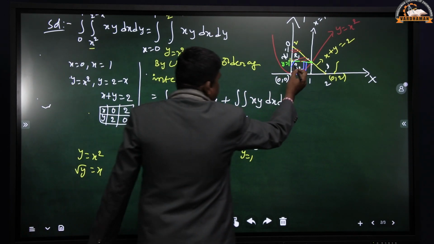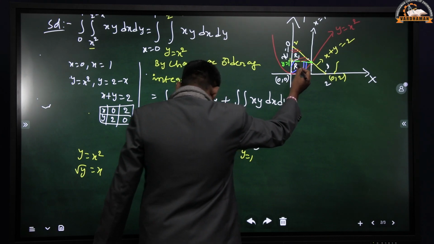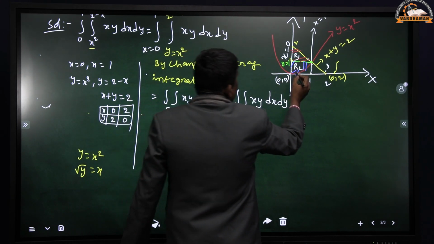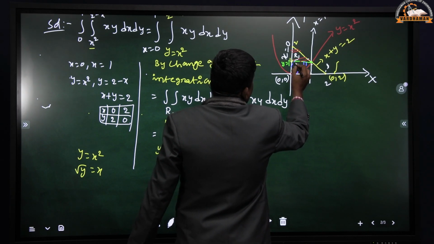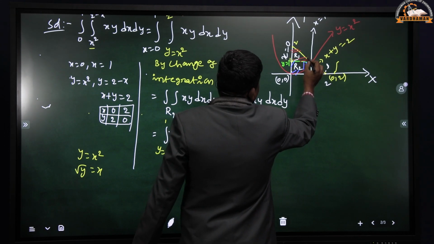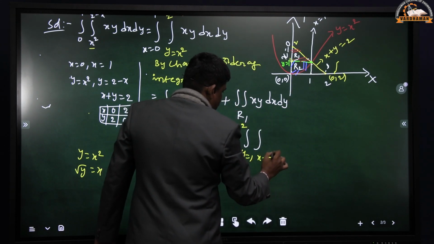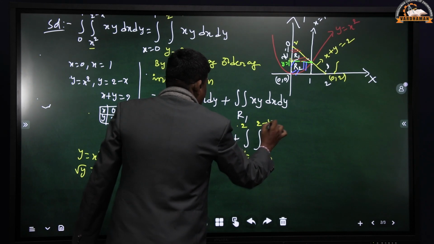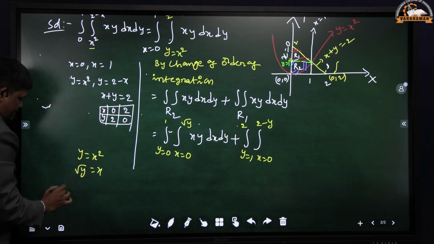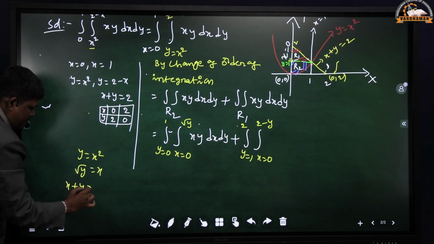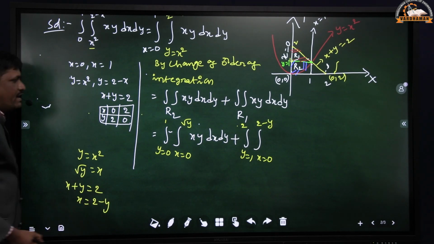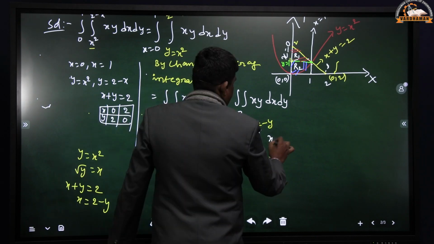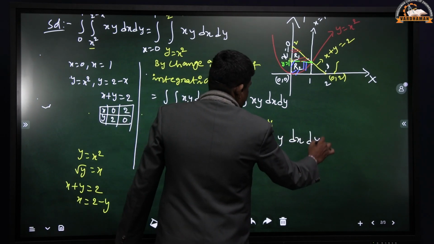And here x is moving from here on the y-axis, x is 0, and it is moving from here to here. Then x is 0 to 2 minus y. How did we get it? From this, we know x plus y is equal to 2 and x is equal to 2 minus y. Now you will get xy dx dy.